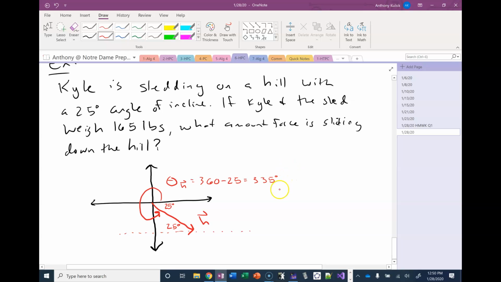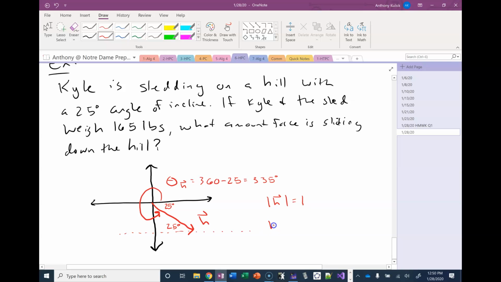Do we know anything about the length of this hill or the magnitude of this vector? We don't. That means we get to choose. What choice is the smartest choice to make here? 1. 1 is an excellent choice.